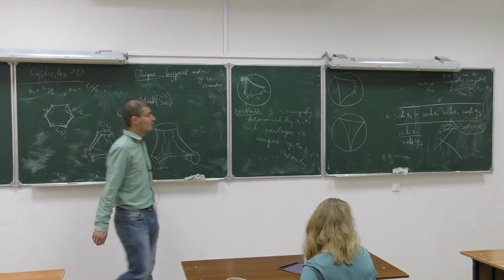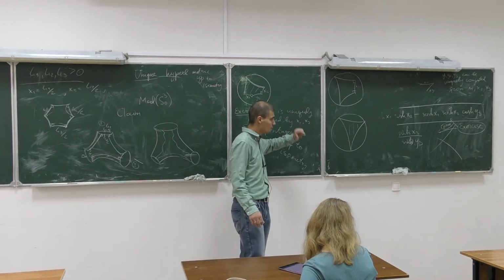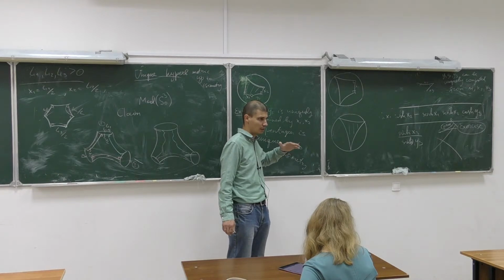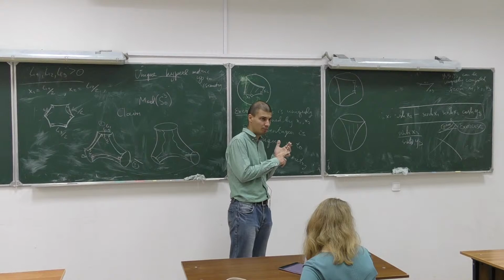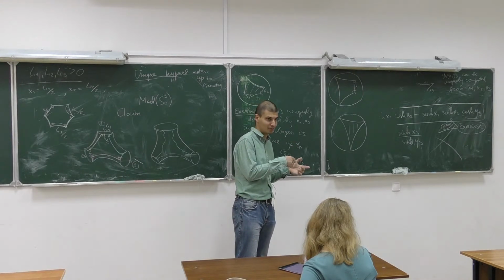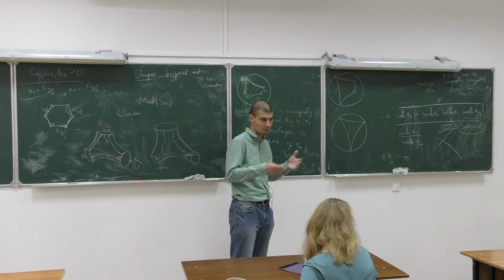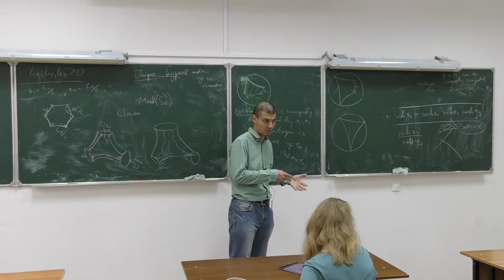Okay, and this means that all these results extend to the case of a sphere with 2 boundary components and a puncture, a sphere with 2 punctures and a boundary component, or a sphere with 3 punctures.